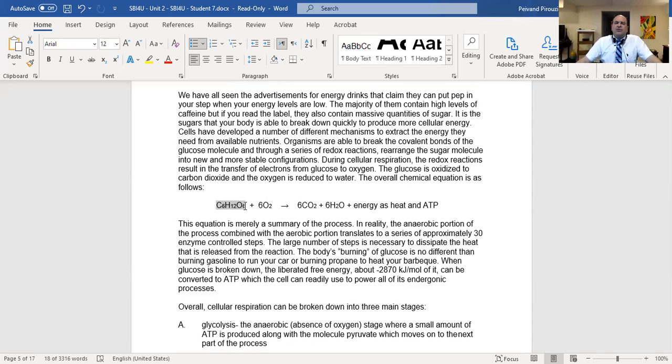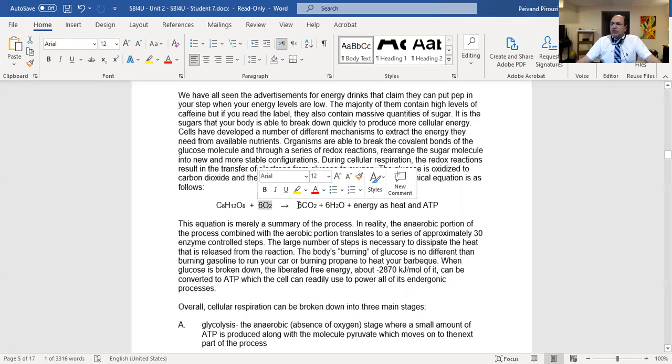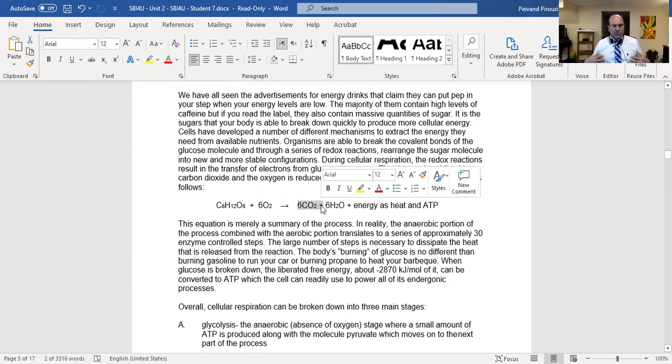Now, when we look into one molecule of glucose, we see that we need 6 molecules of O2. So this is the respiration. We need oxygen. And then we are going to see 6 CO2. So when you are using oxygen with glucose, you are going to produce ATP, and your cells or your mitochondrion is also producing CO2. That CO2 is going to diffuse out of your mitochondrion, diffusing out of your cell.